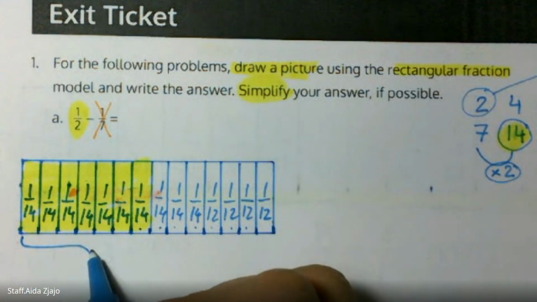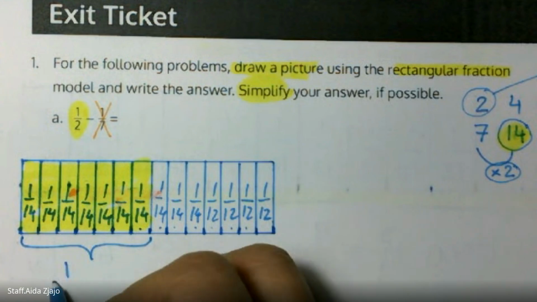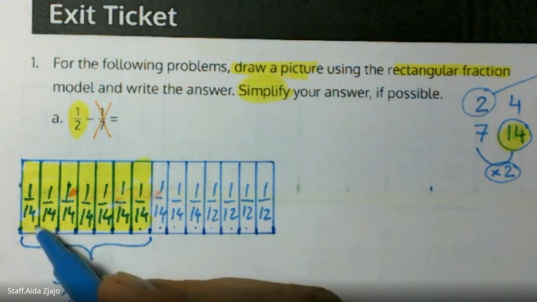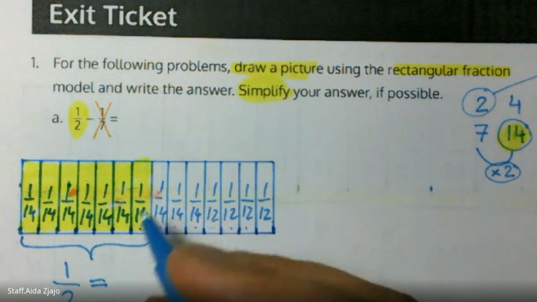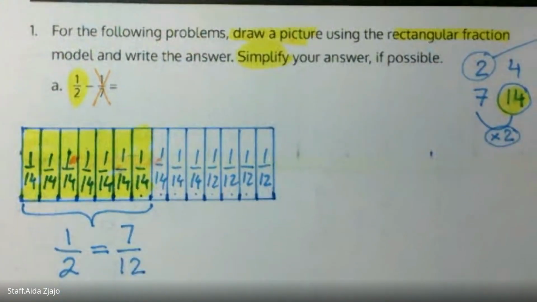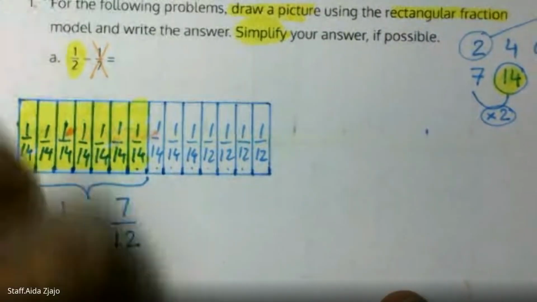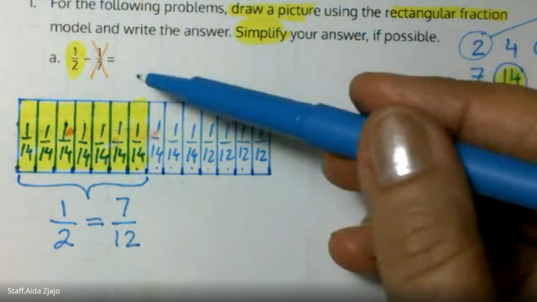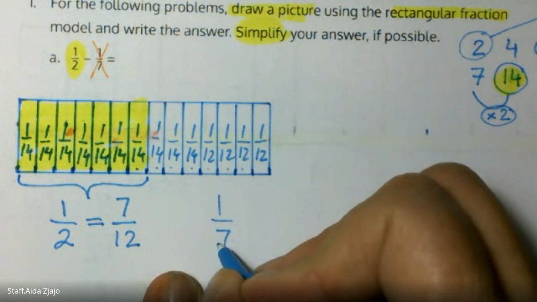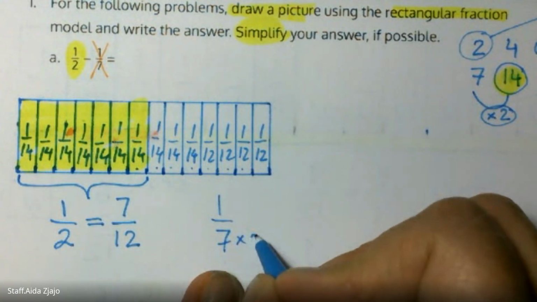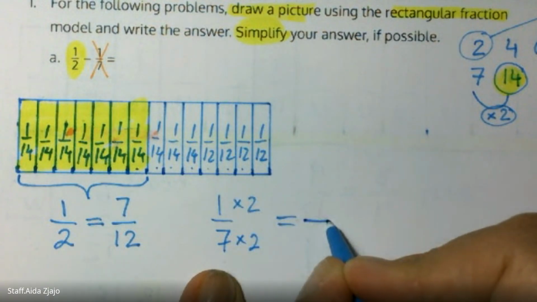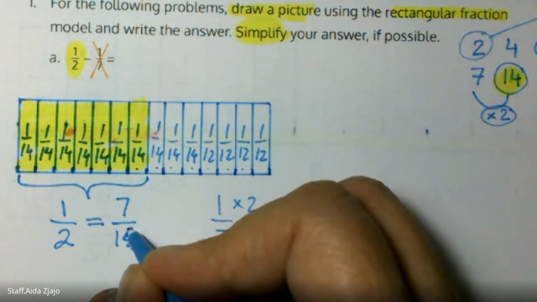This used to be 1/2, and that is now 7 14ths. And the 1/7, if I multiply by 2, I will get the bottom to be, oh sorry, this is 2/14.